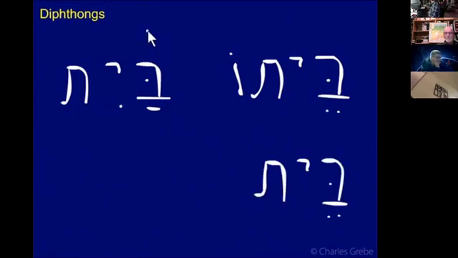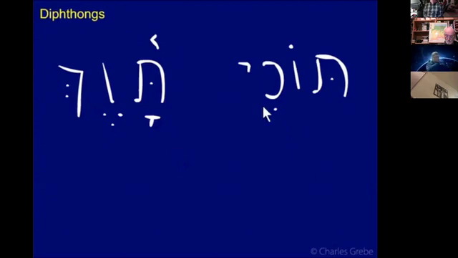Now, bait by itself, which is the example I gave before, is something called the construct form. We will come to it later, but basically it is associated with the next word, often with or sometimes with a maqqef, sometimes without. So stress is moving away, and that's why you're getting this contraction here.